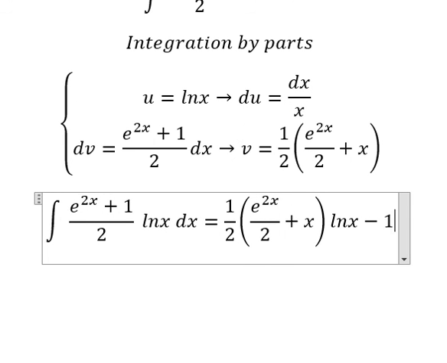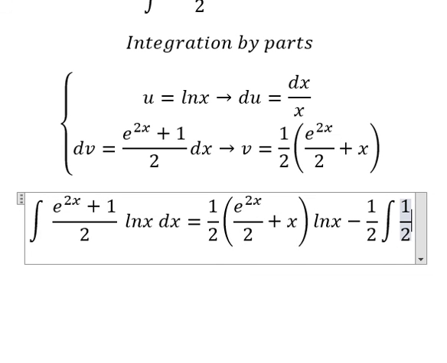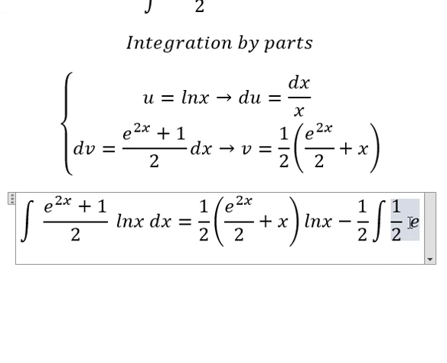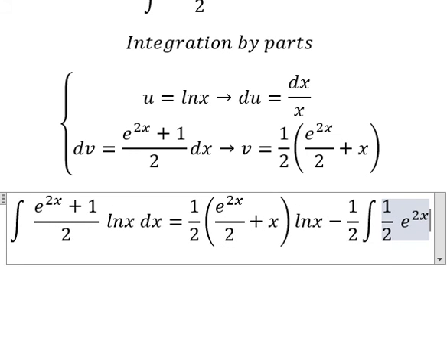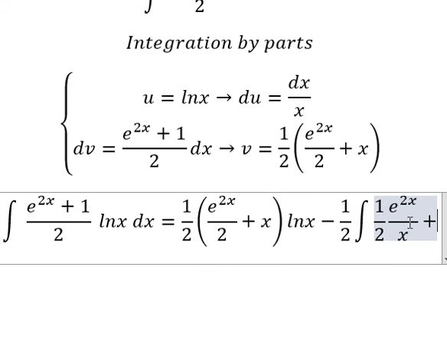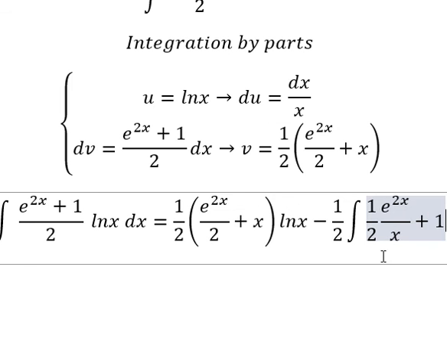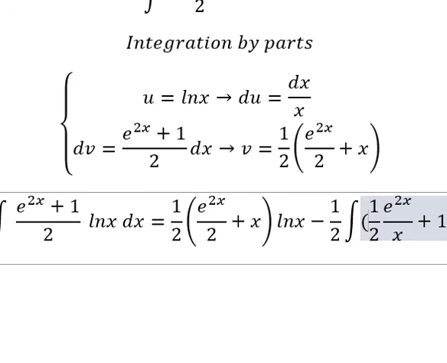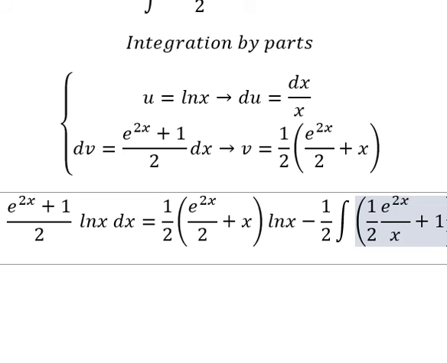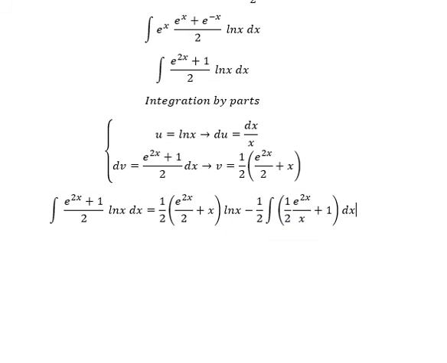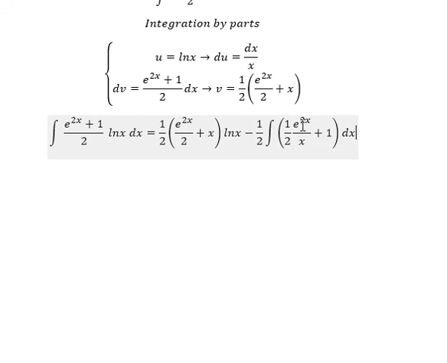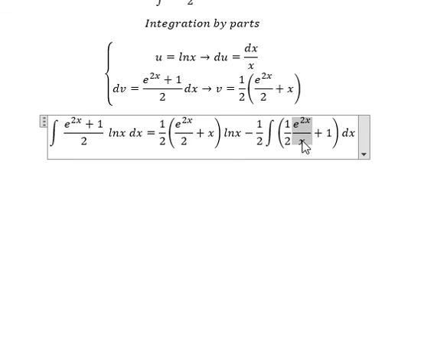So we have 1 over 2, and we have the integration of 1 over 2 e to the power of 2s over s. s and s in here we have number 1. So I will concentrate on this integration in here.